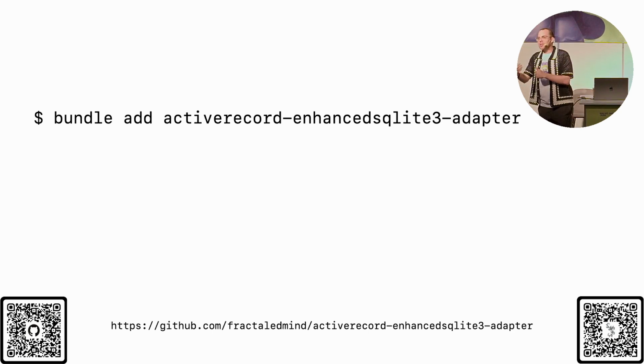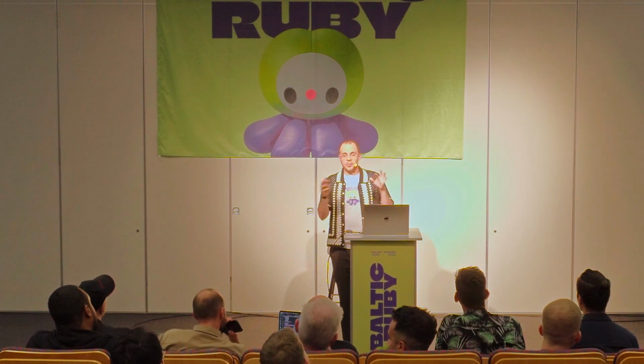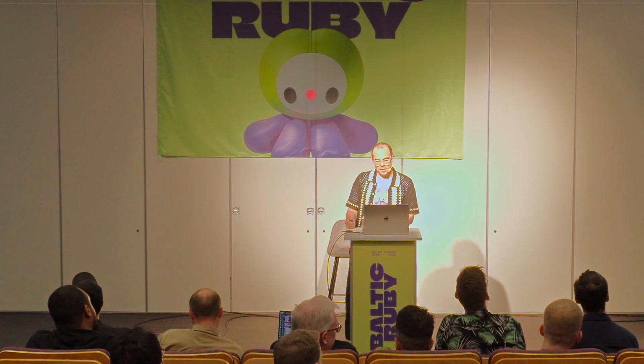It enhances the SQLite adapter, making these 4 performance characteristics, these 4 requirements to have a higher performing Rails application that is backed by SQLite true. And again, all of the details into what precisely it's doing, what code is there, that's in the blog post. I just don't have the time to go deeply into it.